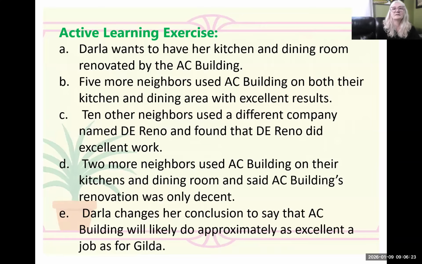Here we go. First, suppose that Darla wants to have her kitchen and dining room renovated by AC Building.